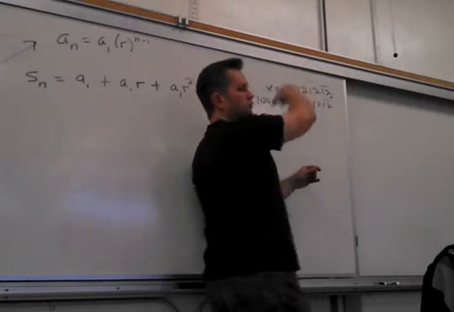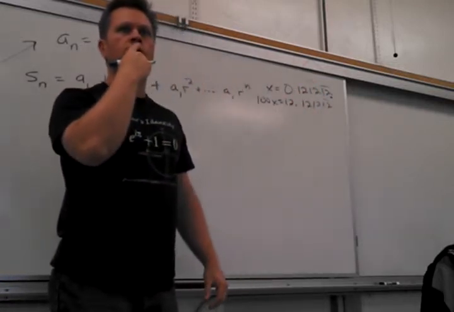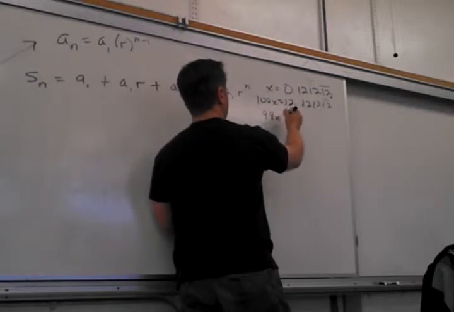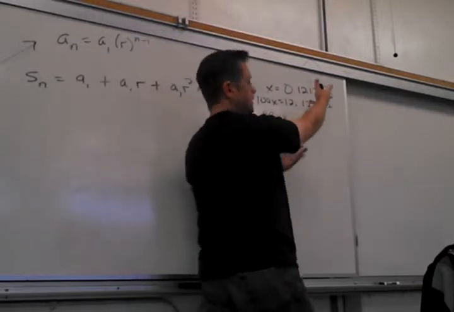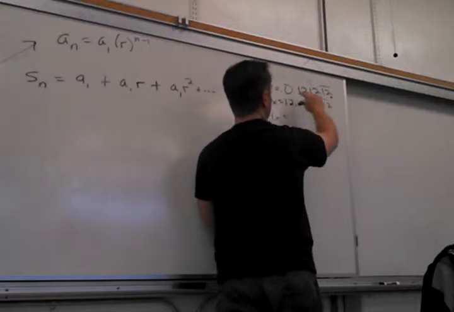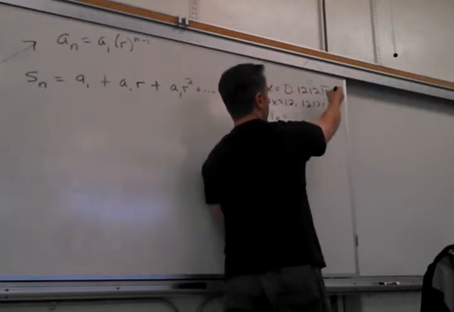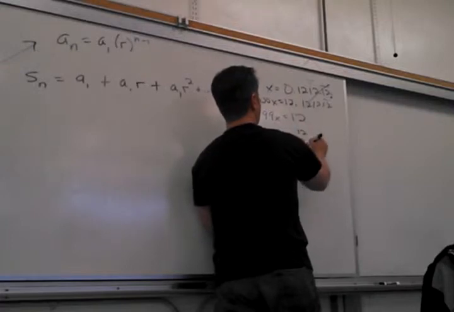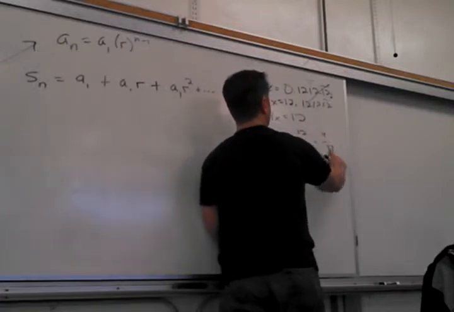So what happens when I take the difference of these two? What's 100x minus x? And over there it's just as easy. What's 12 point mess minus point mess? The point messes cancel. So x is 12 over 99, which reduces to 4 over 33.